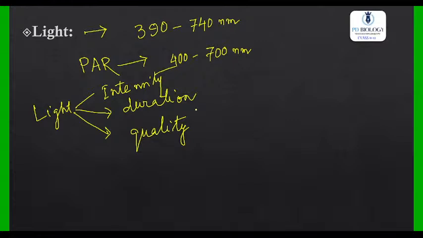Light quality influences a number of life processes of organisms. That is the photosynthesis, which is totally dependent on light.